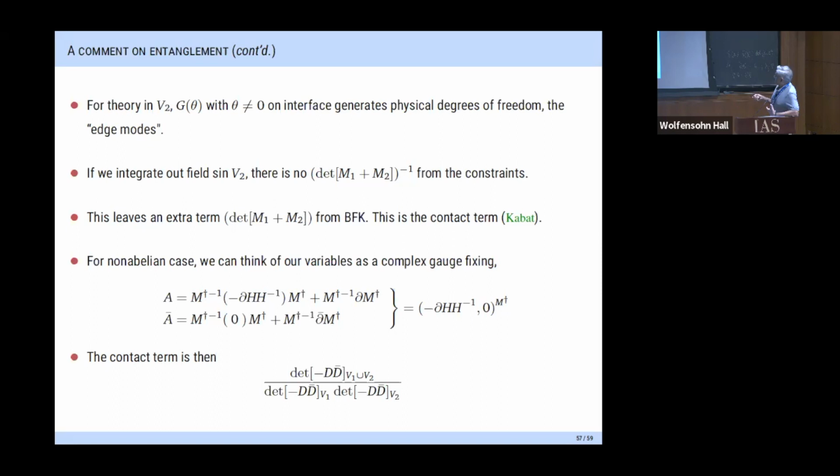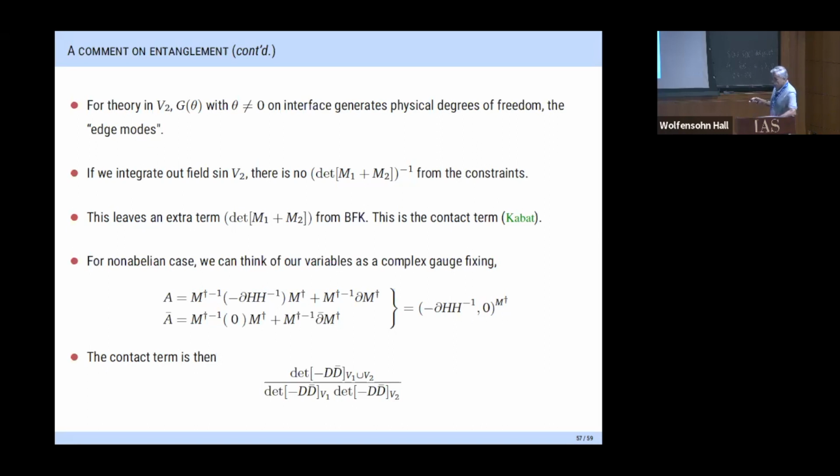The gauge potentials that I gave you in terms of M and M dagger can be viewed, and I think I mentioned this yesterday also, as a complex gauge transformation of this particular choice of gauge potentials. It's a complex gauge transformation, right? But nevertheless, it is that form. And that means that if I choose as a complex gauge fixing condition M dagger equal to 1, then I can rephrase what I said yesterday, again, formally in the language of gauge fixing.